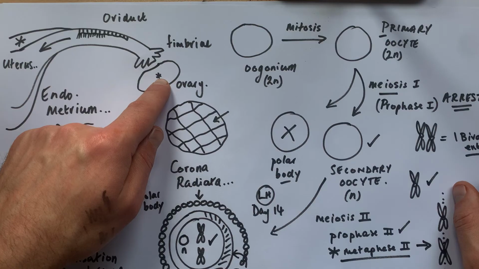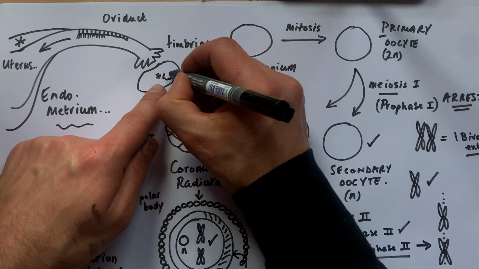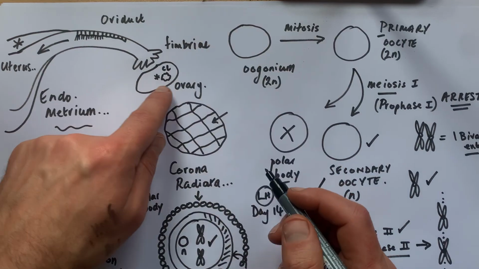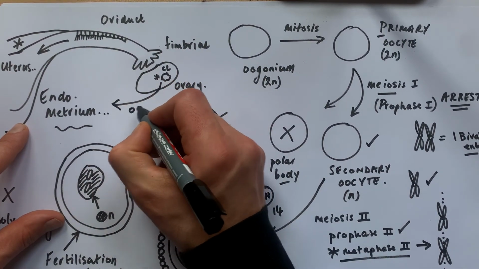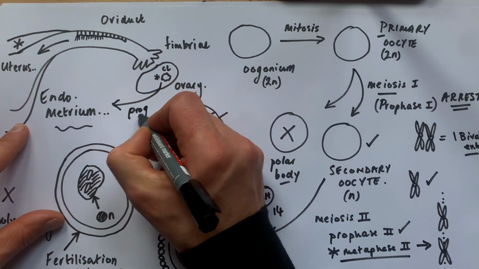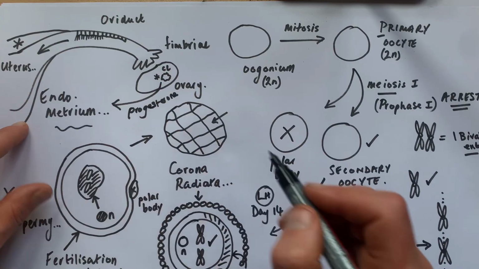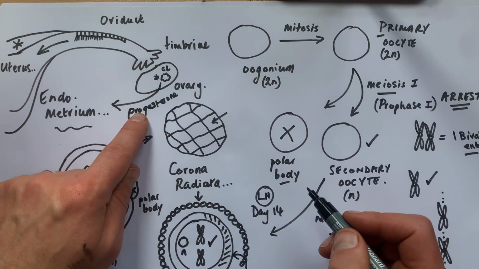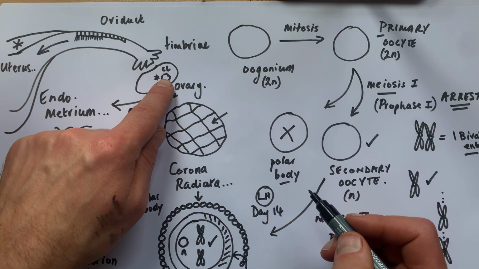And that progesterone that comes from the ovary, from inside here, the corpus luteum, will actually maintain, so this is progesterone, the thickness of the endometrium.